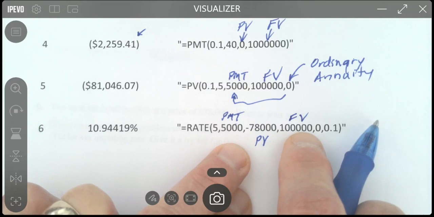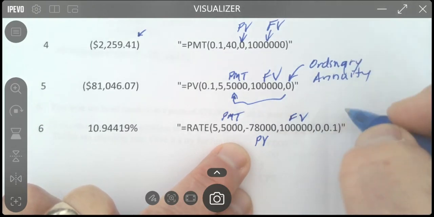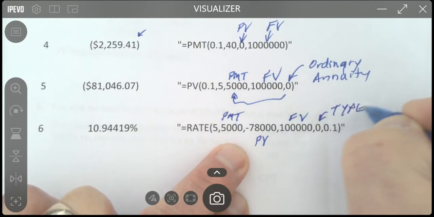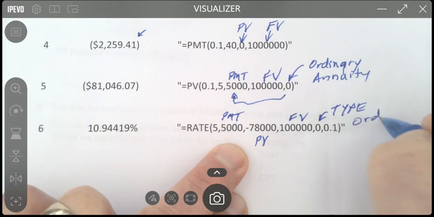Future value inflow is 100,000. The type is ordinary annuity, 0.